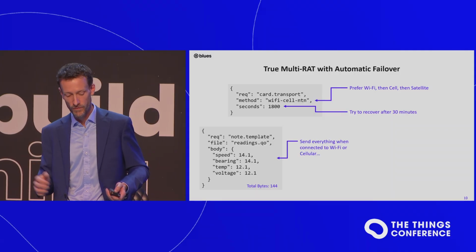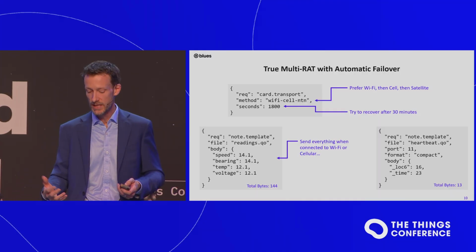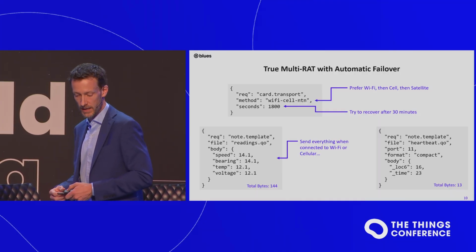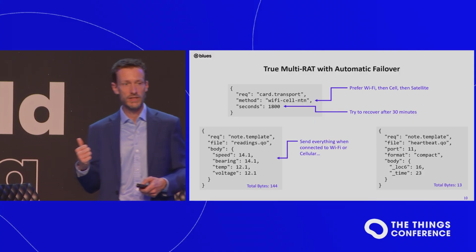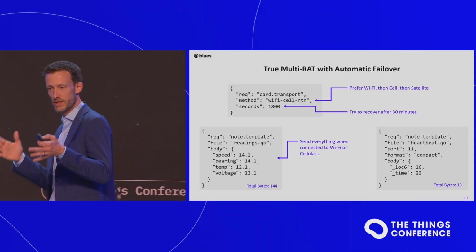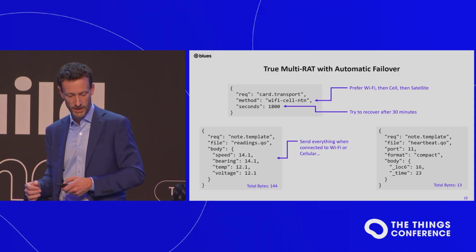Costs me about 144 bytes. And then a second template that sends only location data and time as a heartbeat when the device is connected over satellite, costing me only about 13 bytes. So 10% of what I would send over cellular, and I have that option. Again, this is automatic by nature of using the product itself.